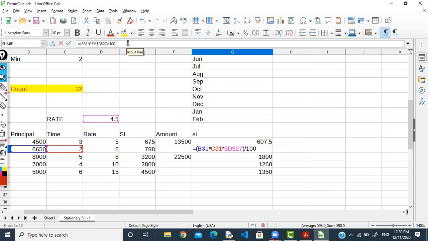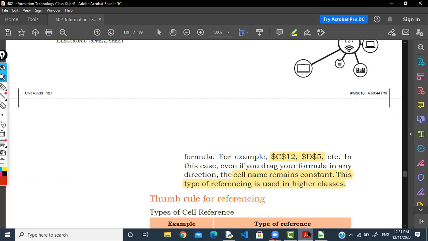Again it is D27 in the next row, again D27 in the next row, and again D27 in the next row. So this is the advantage of absolute cell referencing. Now you understand that sometimes you have to use normal relative cell referencing, sometimes mixed cell referencing, and sometimes absolute cell referencing.